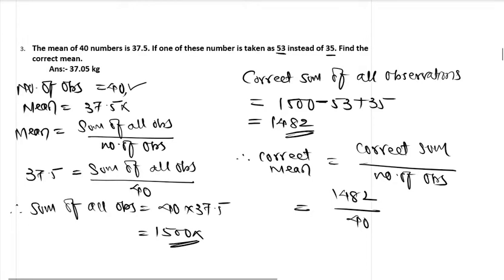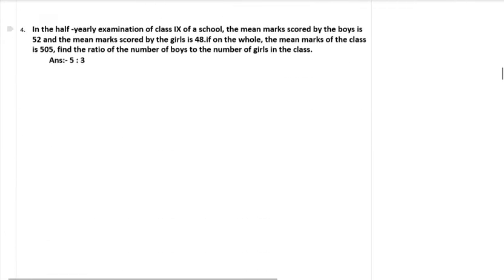If I divide 1482 by 40, I get 37.05. There is no kg here, it's a mistake. It is just 37.05. This is the correct mean, right? So this is how you solve this question. I hope you are understanding this technique.